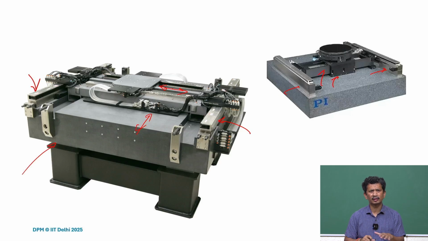So it's floating, so it can move very freely. So friction is not involved. There is no backlash. The actuators, the linear motors, are driving it directly. So whatever the characteristics are, we know them and we can control it. So the control effort required to precisely move these stages is also minimized. That's the reason these kinds of systems are used for very high end applications, for very high precision applications.